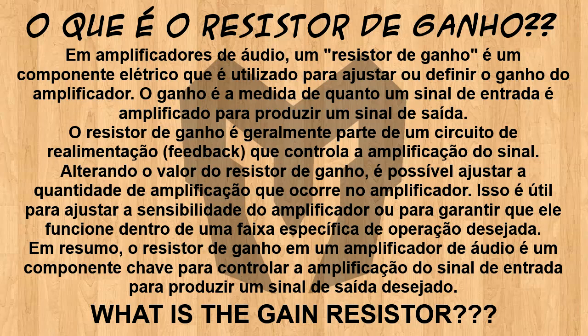By changing the value of the gain resistor, it is possible to adjust the amount of amplification that occurs in the amplifier. This is useful for adjusting the sensitivity of the amplifier or ensuring that it operates within a specific desired operating range. In summary, the gain resistor in an audio amplifier is a key component for controlling the amplification of the input signal to produce a desired output signal.